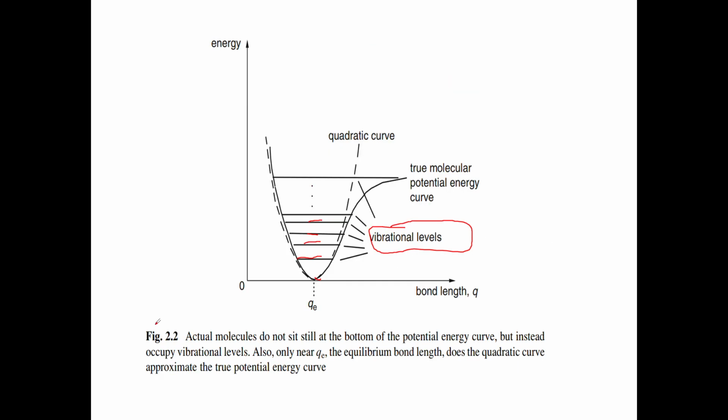You can see when the energy is near Qe, the error from the ideal harmonic curve is small, and it is the best approximation for the potential energy. But as we go far away, the error between this curve and the harmonic curve is very different.